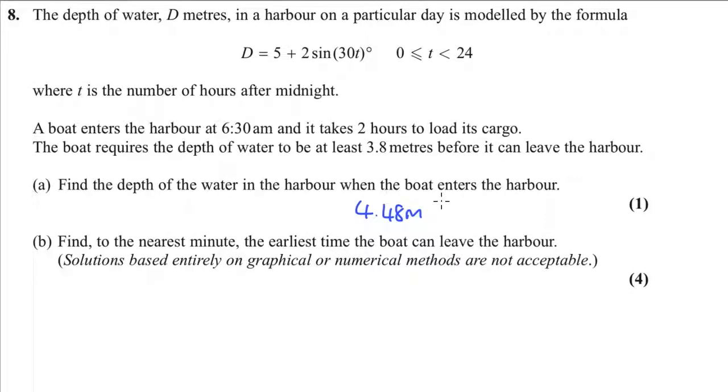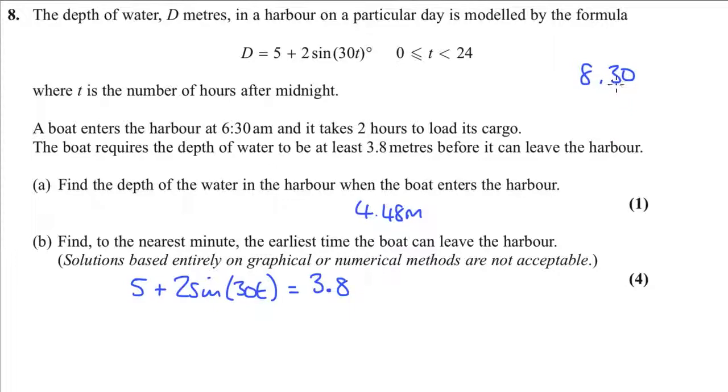It says that the boat can only leave the harbour when the water is at least 3.8 metres deep. So we need to make the depth 3.8 metres. But the other thing to remember is that the very earliest the boat can leave the harbour is 8:30.